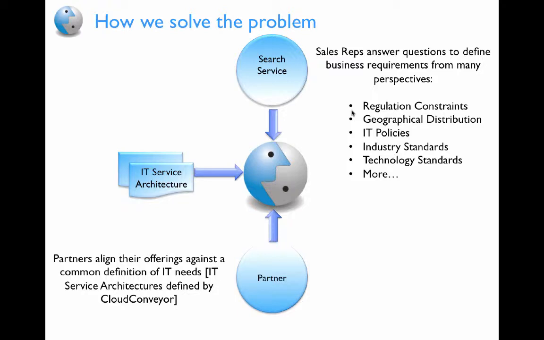For example, are there any regulation constraints? Are there any IT policies? Is there a requirement to have data in certain countries, for example? And once you answer those questions, Cloud Conveyor will then determine what the IT requirements are and then can match those to the partner offerings.